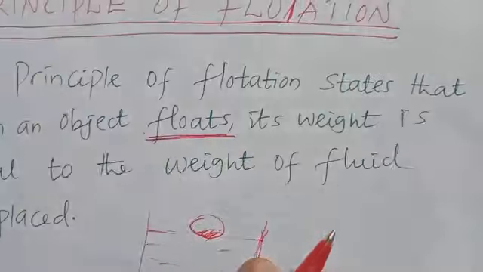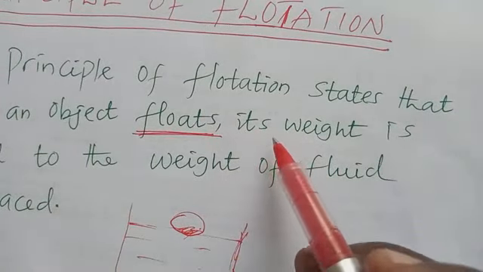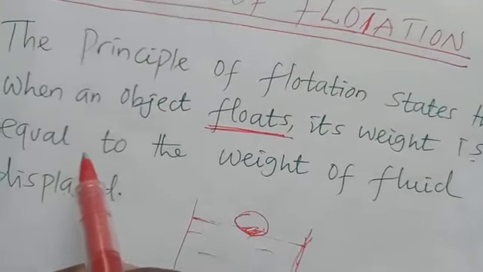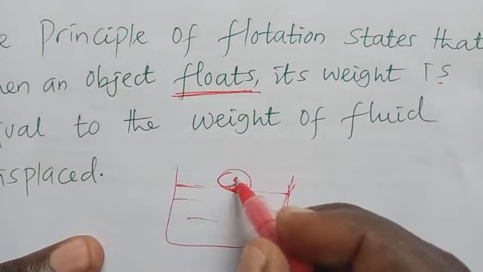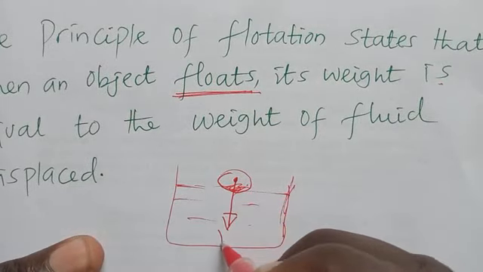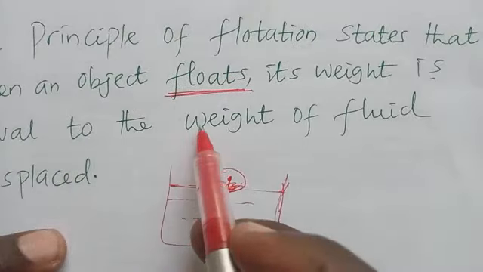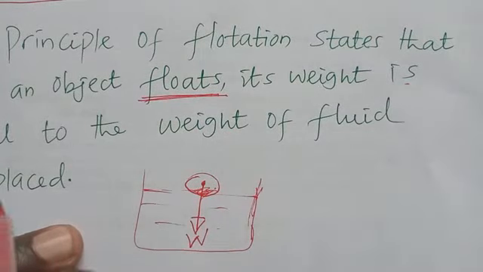Now when this happens, the principle says that its weight, meaning the weight of this object on top of the liquid, is equal to the weight of the fluid displaced.